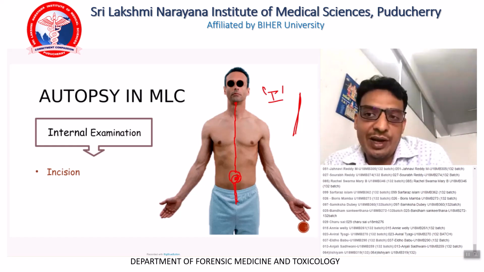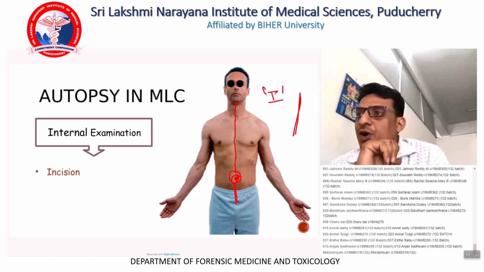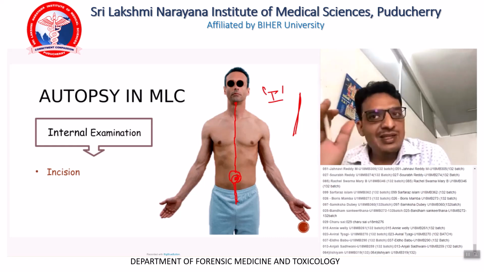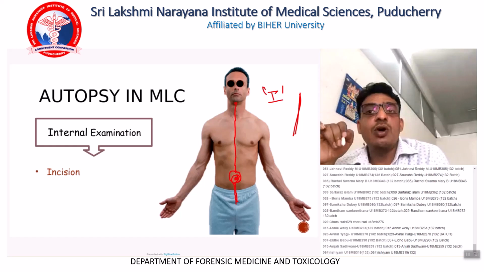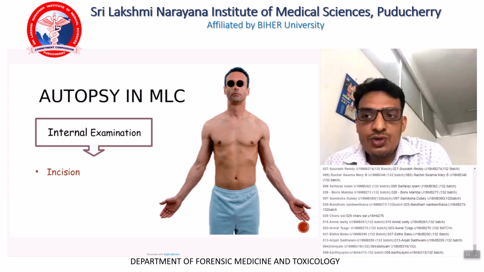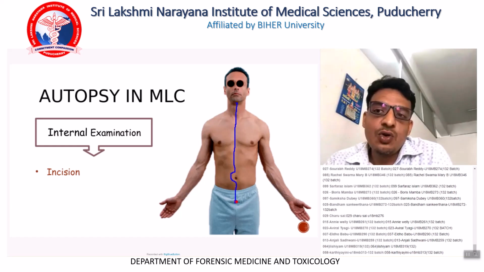So remember this, for the I-shaped incision or any incision for that matter, even in surgery in operation theaters, you will see that the umbilicus is never taken into the substance of the incision. So the I-shaped incision starts from the mentum, goes downwards either from the left side or from the right side, till the pubic symphysis. This is the I-shaped incision.